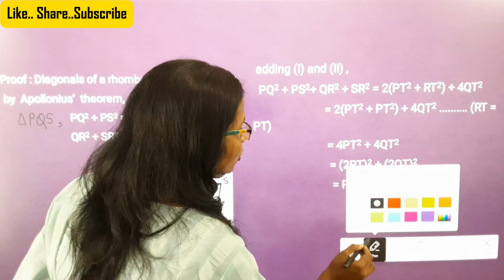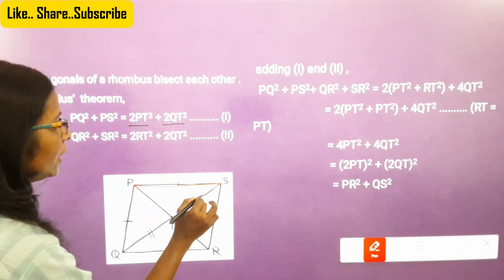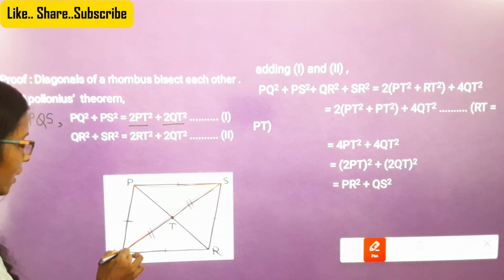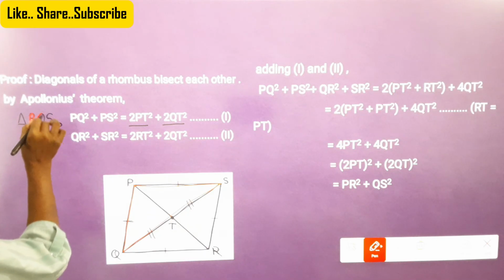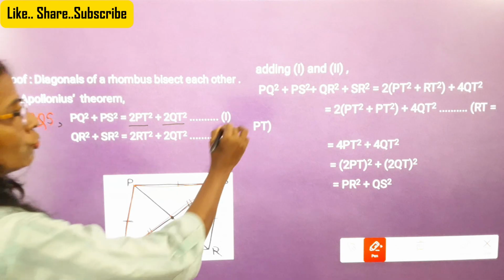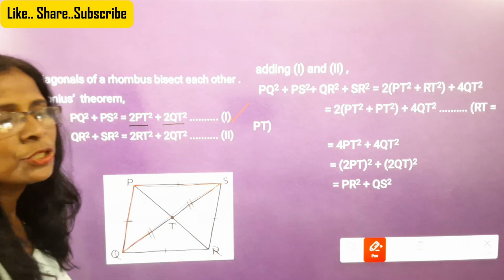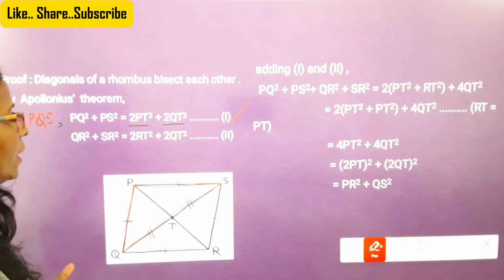This way, students, we take this triangle PQS. Call it the first equation, which is obtained by the Apollonius Theorem.